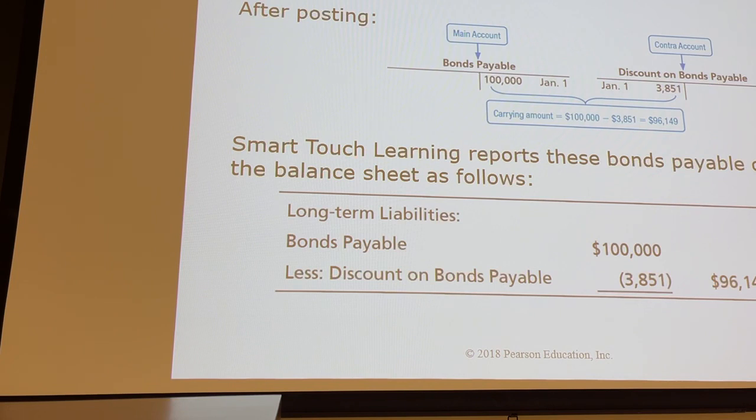So discount on bonds payable is what we've referred to before as a contra account. A contra account is paired with another account that appears immediately before it, and it has the effect of reducing the value of that other account that it is paired with.